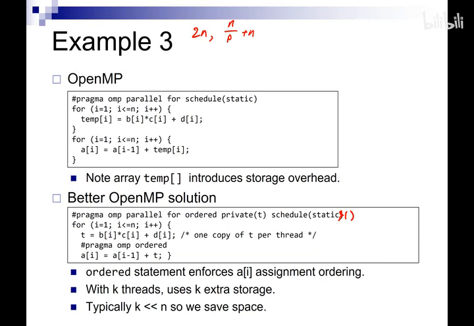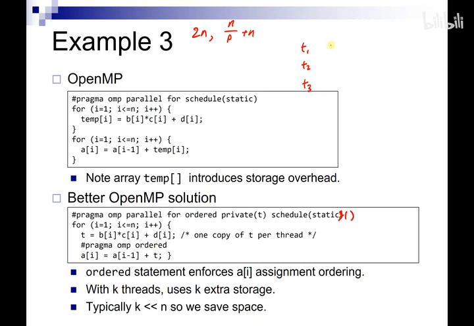If you remember how this works, you have a bunch of iterations of this for loop, and let's say that you have 3 threads: threads 1, 2, and 3. The static schedule with a chunk size of 1 is going to assign these iterations to the threads one at a time, a chunk at a time, and the chunk is 1 here.